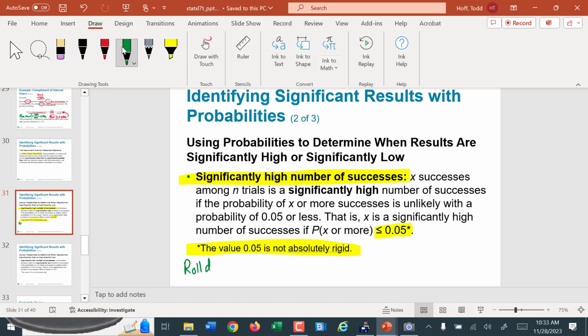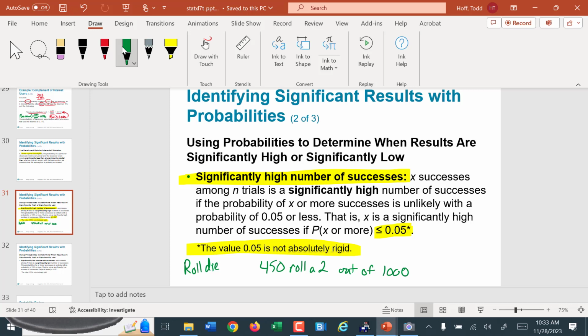so we're rolling a single die, and let's say we get 450 times that we roll a 2 out of 1,000 rolls. Well, we'd only expect 1/6 of them, or 166 or 167 of them to be 2s. 450 is significantly larger than what we expected.